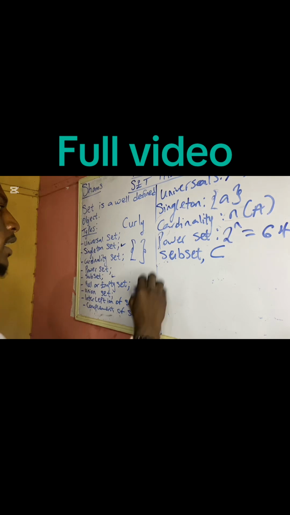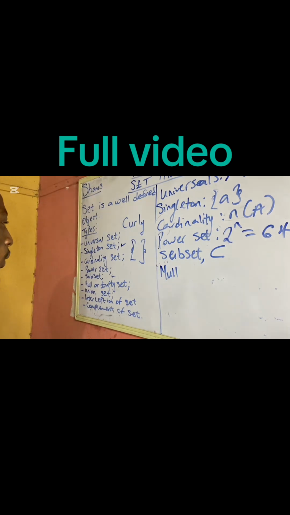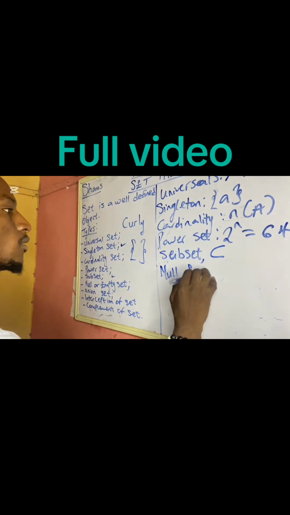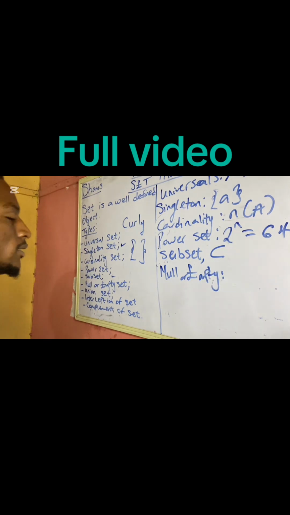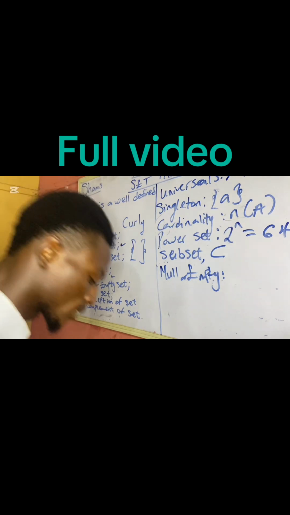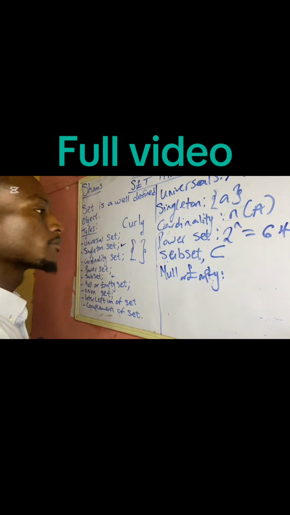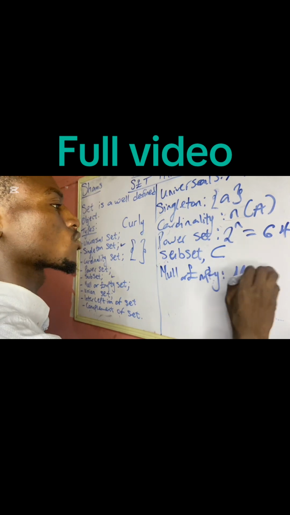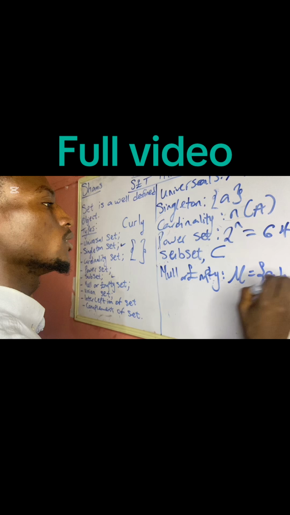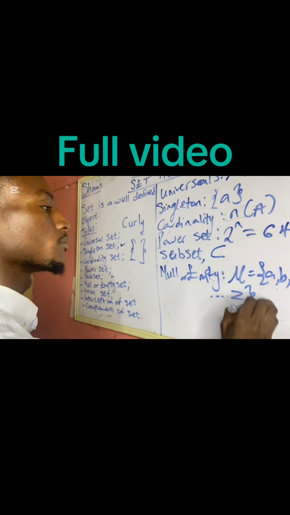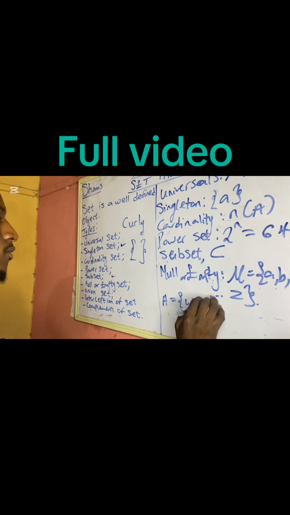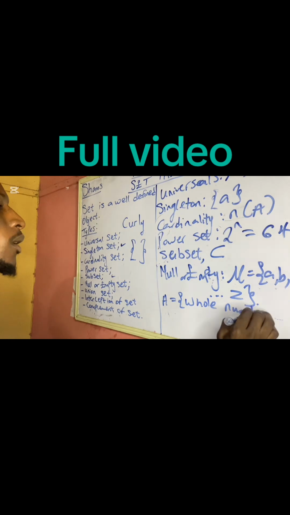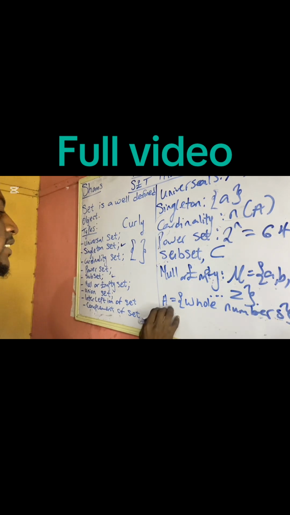Okay, the next one is null set. When I say none, as the name implies, none or empty. This is a type of set in which it has no element in the universal set. For instance, let's say our universal set equals A, B, C to Z. Then it asks us, if set A equals odd numbers, then what are the elements of A?